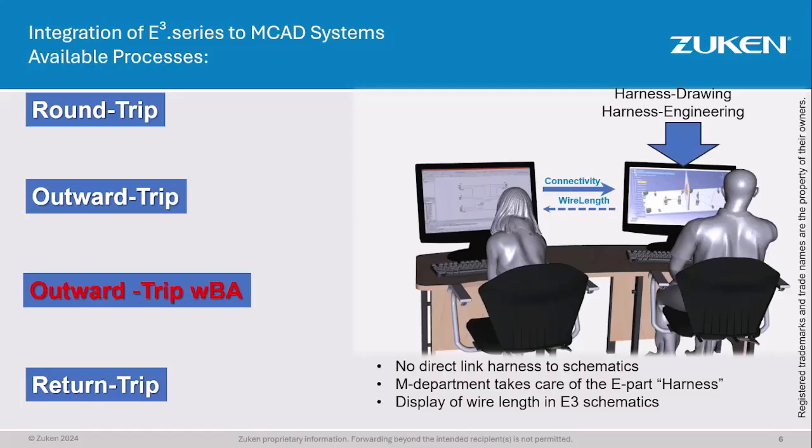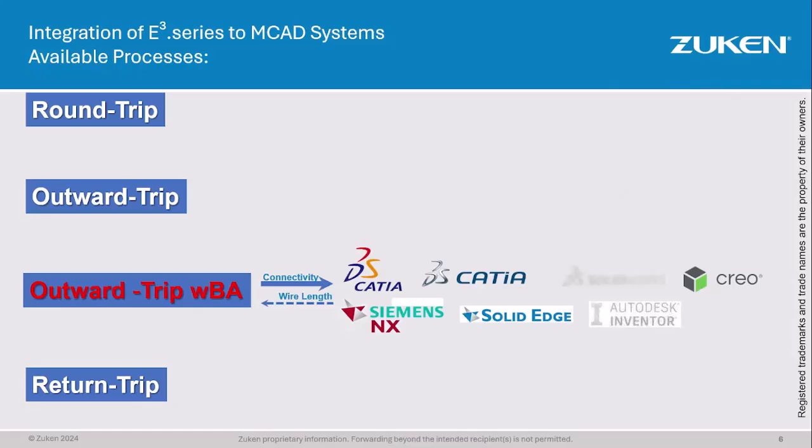So whilst there's no direct link to the harness, the wire length is available. If you were to query any of your connections, you would see the physical wire length. Outward trip with back annotation is only supported by CATIA V5 and V6, Creo, NX, Solid Edge, and isn't supported by SolidWorks or Inventor.